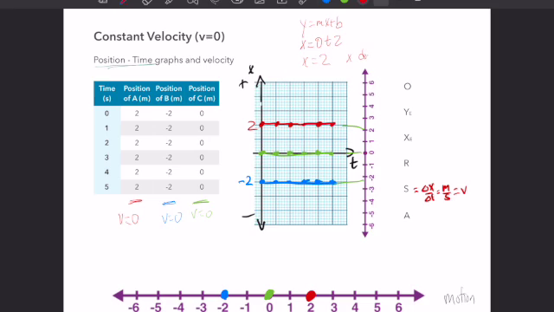Position does not depend on time. So by the same token, you could then see that this x is 0, and this x would be negative 2. So those are the equations that would describe that motion. When we have constant velocity equal to 0, we would expect horizontal lines on a position time graph.